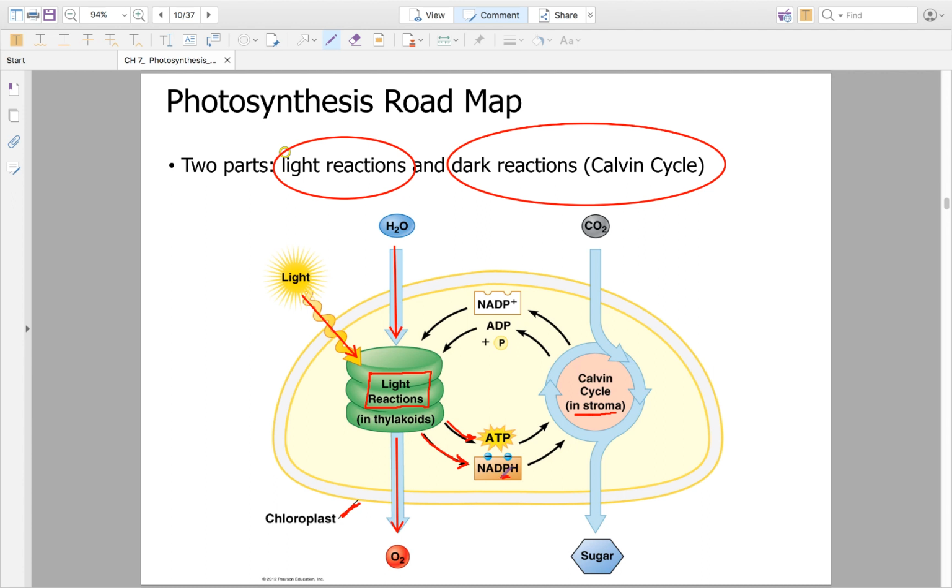So this is different than the NADH in cellular respiration because it's called NADPH. P for photosynthesis. Wow, not really, but it's a good way to remember it. All right, now these light reactions, they build ATP and NADPH so that they can drive the Calvin cycle.